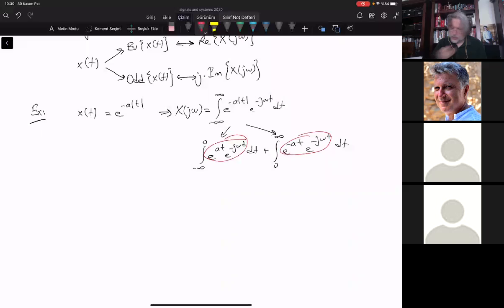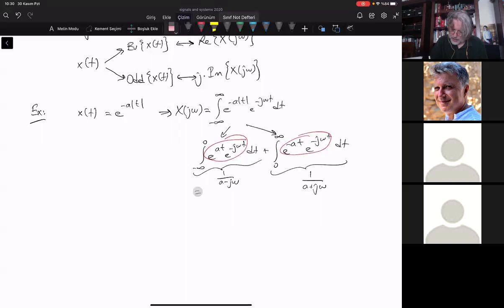And when you do that, one of them, this one, the answer you already know, because that corresponds to e to the at u of t's Fourier transform. And what was it? Let me write it if you wish. It was 1 over a plus j omega, this one. The other one, when you do the same algebra, you will find as 1 over a minus j omega.